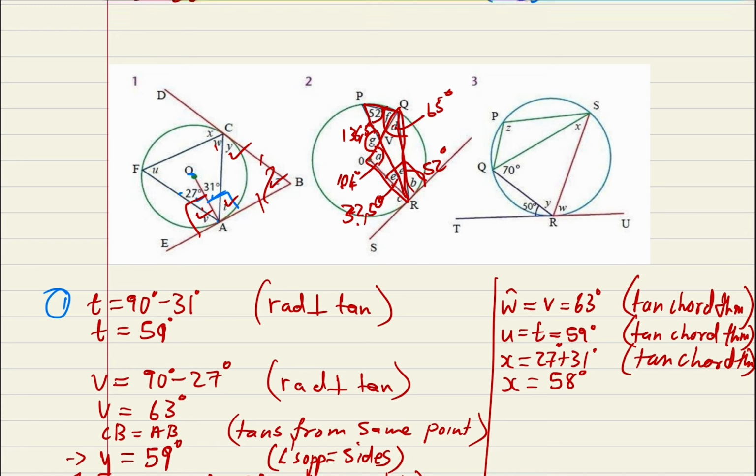We'll have 32.5, you have 52, you have 65, you are looking for F. So you are going to say 180 degrees minus 32.5 minus 52 minus 65. Hence you'll find F to be 30.5 degrees. So that's how you do such problems, guys.